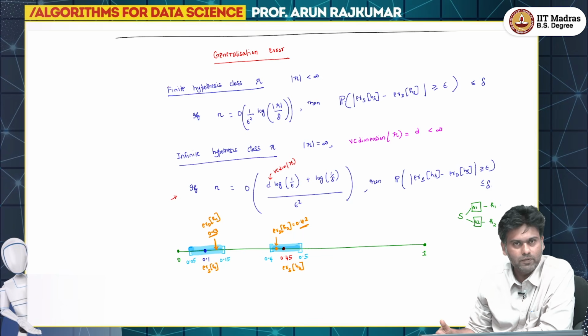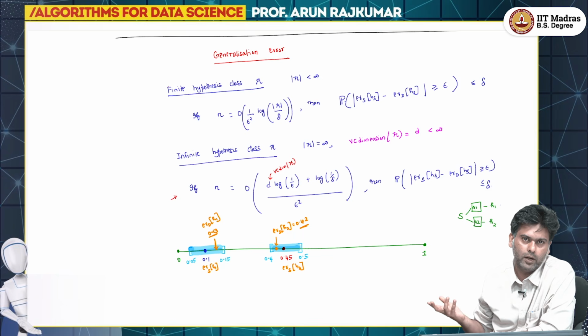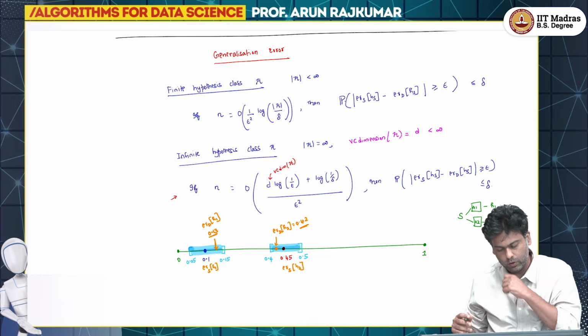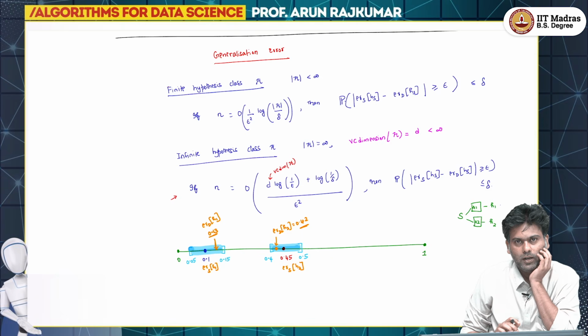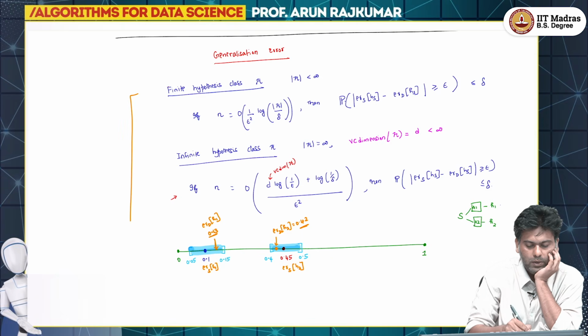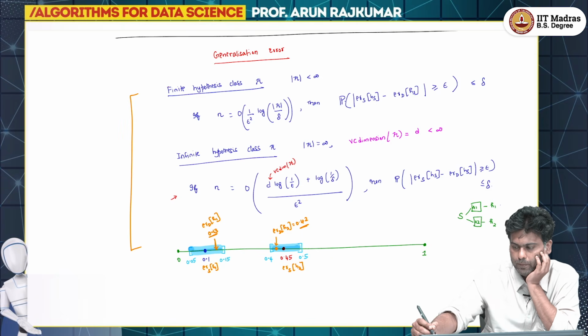So far we have not specified an algorithm at all. Without specifying an algorithm, we cannot say in an absolute sense how good our train error will be. That is something to keep in mind. So this is just the generalization error.